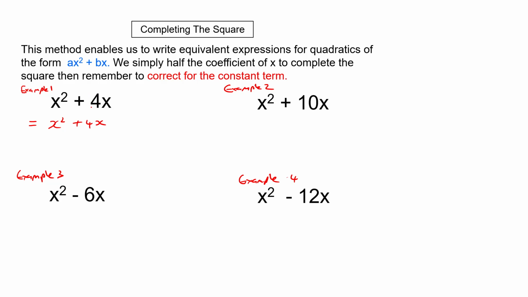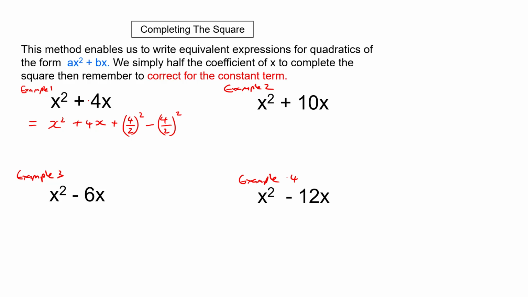Now we take this 4, the coefficient of x, and what we do is we add 4, but we halve it, so 4 over 2 squared. But because we're adding this constant, we have to take it away again, otherwise we're changing the term. So by adding a number and taking it away again, we're not changing it at all. So that's 4 over 2.